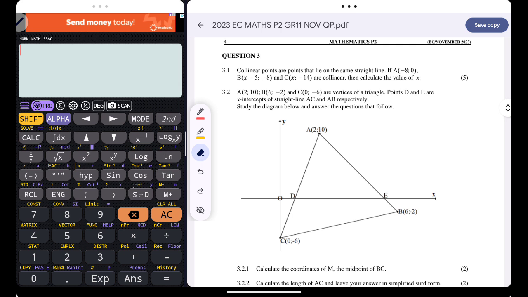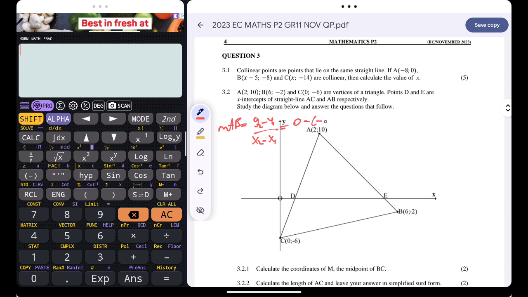Okay, what can I do? I can simplify the gradient of point AB. Simply y2 minus y1 over x2 minus x1, right? I can simply take the y value at point A, which is 0, minus the y value at point B, which is negative 8.